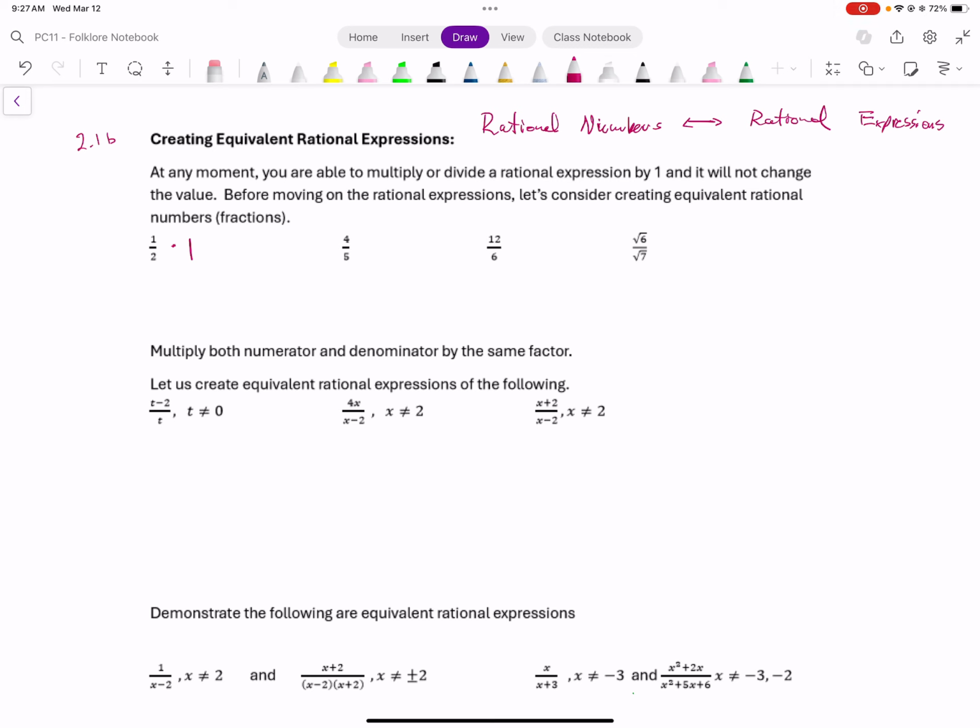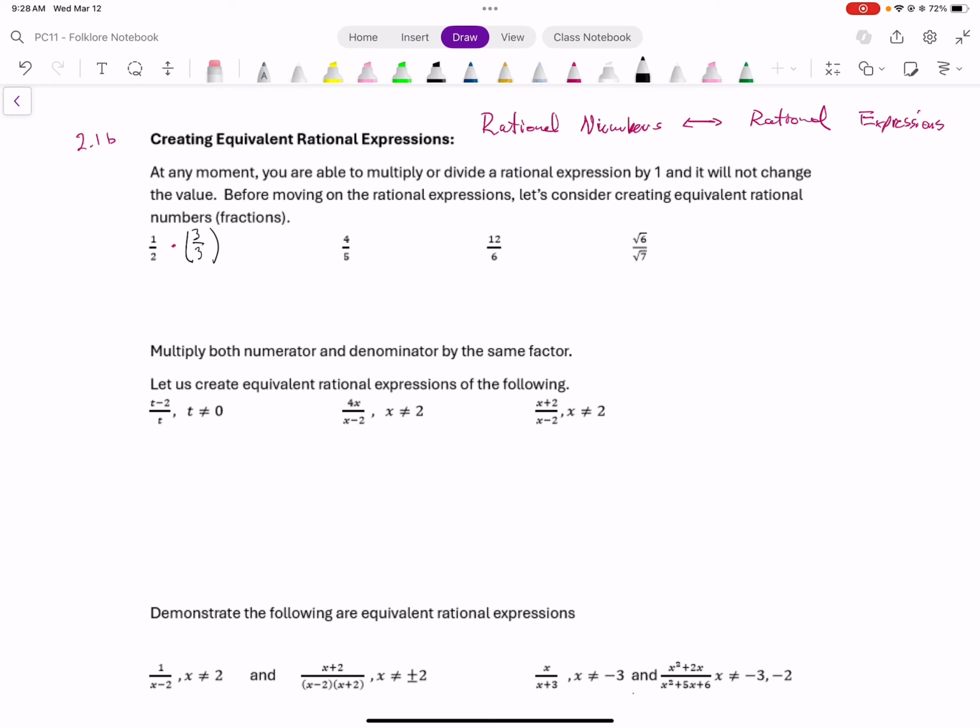So 1/2 times 1 is equal to a half. That's very unexciting. However, I can use a very special type of 1 sometimes. There is actually an infinite number of combinations I can do. But suppose I would like to create a denominator of 6.